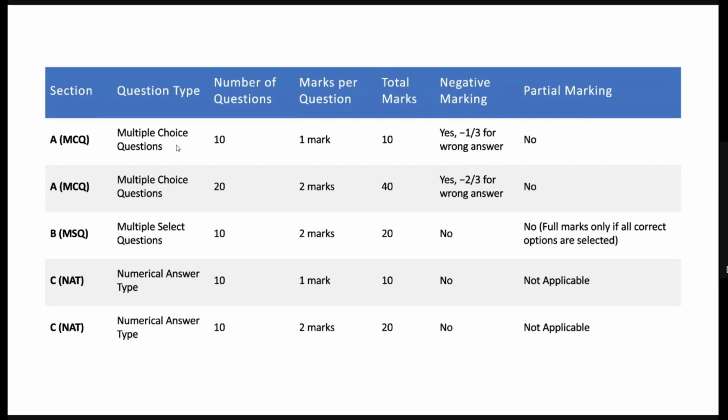So as I was explaining, for part A there are MCQ type of questions. You will have a total of 30 questions in part A, and 10 of them will be of 1 mark, so you can score up to 10 marks here, but it has minus one third negative marking for each wrong answer, and there will be no partial marking for any of the questions.